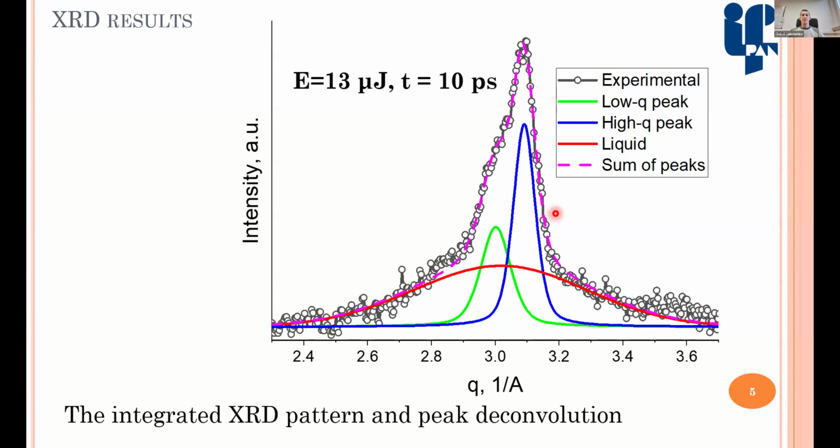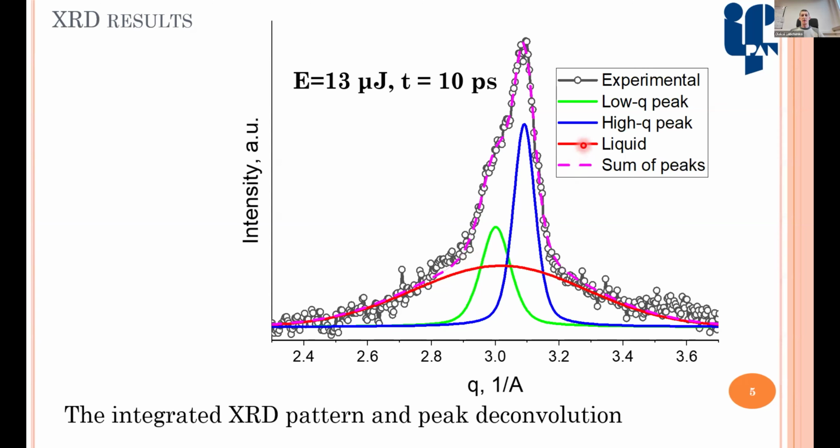What is interesting for iron, and what wasn't observed earlier, is the appearance of an additional Bragg peak at lower Q position. Here the integrated pattern is shown, with deconvolution using two pseudo-Voigt functions for Bragg peaks and a Gaussian function for the liquid halo.